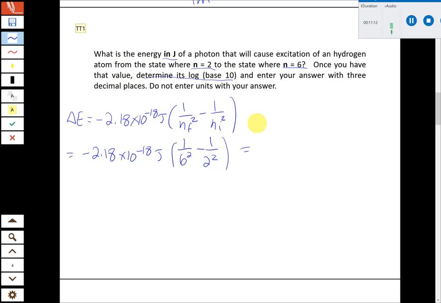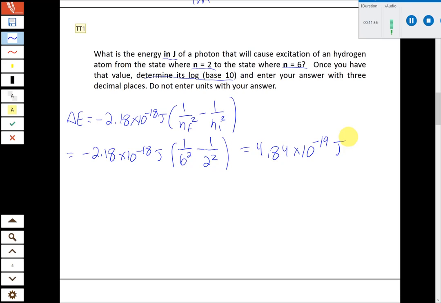Let me make sure I did this right. Of 4.84 times 10 to the minus 19 joules. All right, that's the change in energy for the electron as it goes between those energy levels.